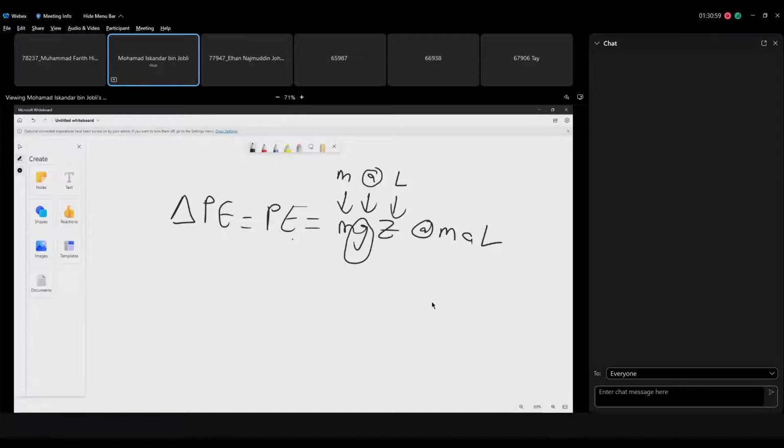You have m in its primary dimension multiplied with a in its primary dimension. No, this one you need to expand. A is actually velocity over time, right?